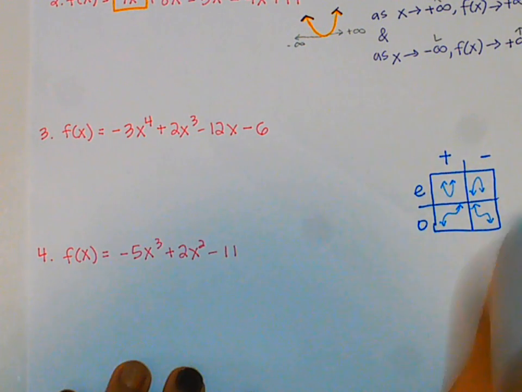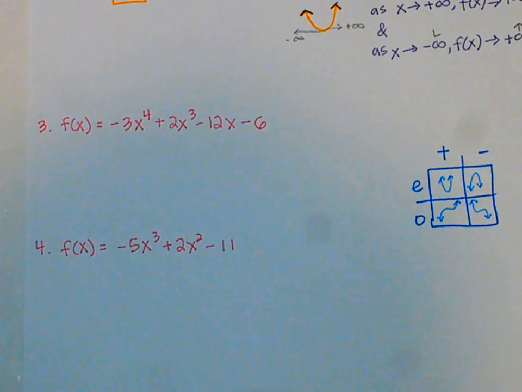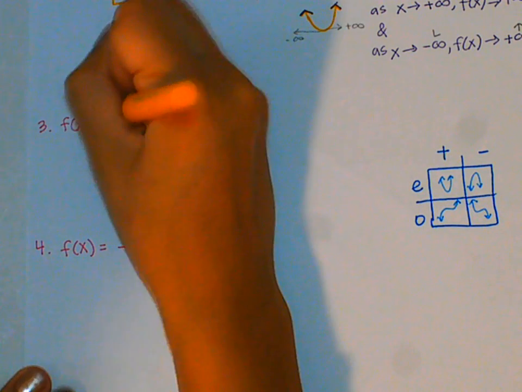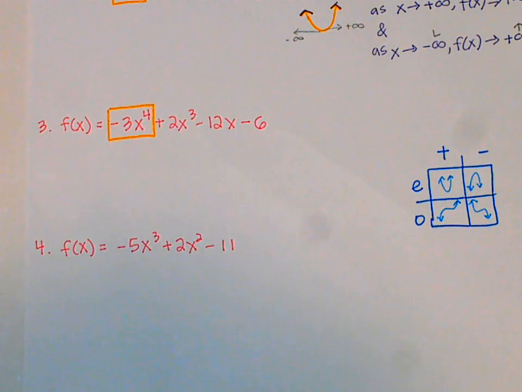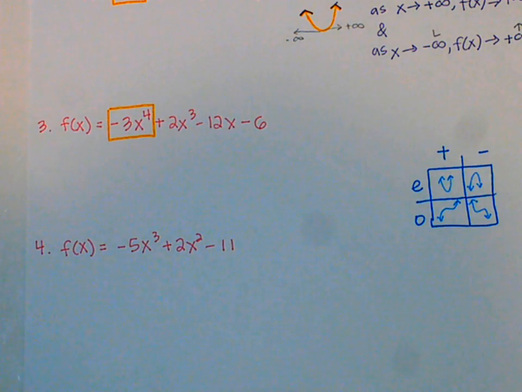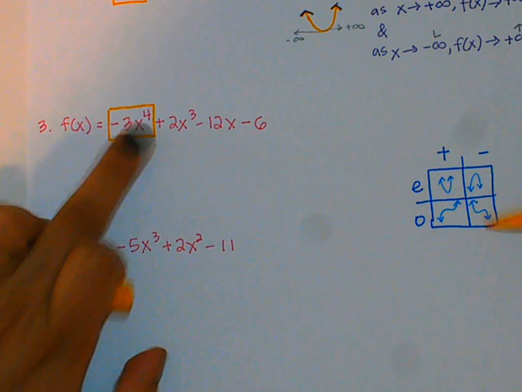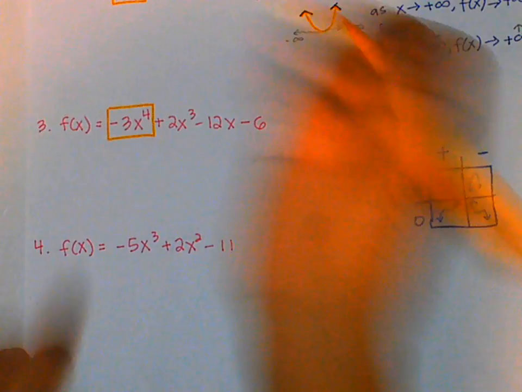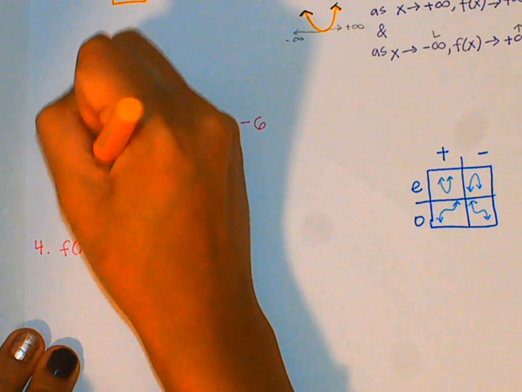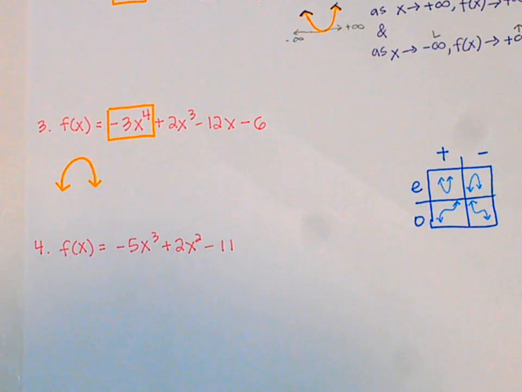Okay, so for this one, I rewrote my little table chart right here so I can reference it. I only care about this term here. The negative is going to tell me that I'm going to be on this side, and the 4 tells me it's even, so I'm going to do this one here. So my graph is going to look something like this.